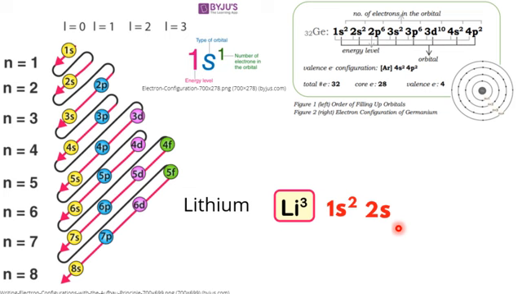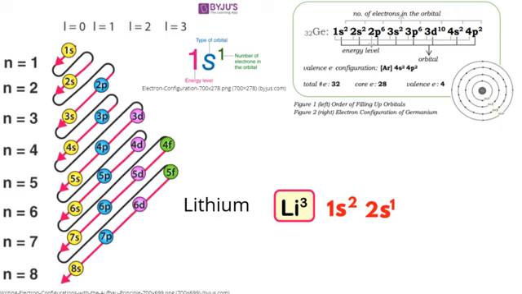Reminder, in the s orbital, we can only have a maximum of 2 because the s orbital has only one orbital, which is equal to 2 electrons only. So since we have 2 now, for this to become 3, we only need 1 electron more. So instead of writing 2, we write 1, so that if you add 2 and 1, it equals 3. Take note that the summation of the exponents should equal the electron number of the given element.